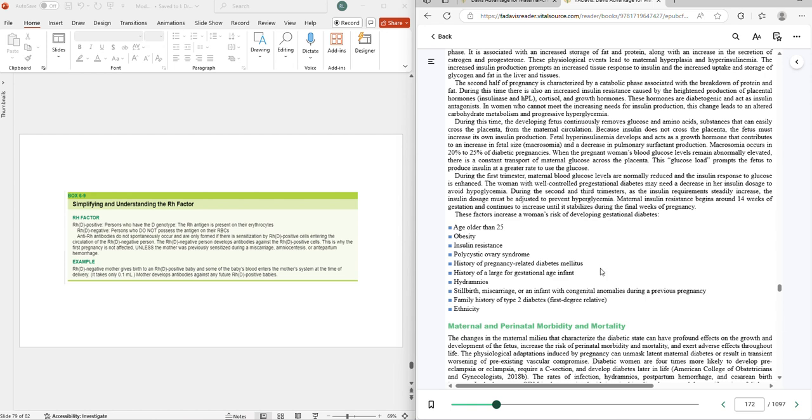history of pregnancy-related diabetes, history of LGAs, large for gestational age infant, hydramnios. It's probably like polyhydramnios, which means a lot of amniotic fluid, stillbirth, family history of type 2 diabetes, and ethnicity.